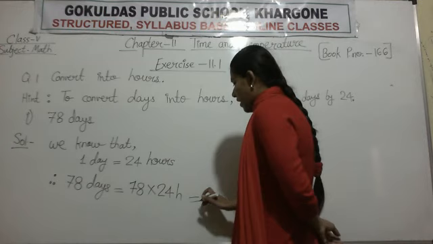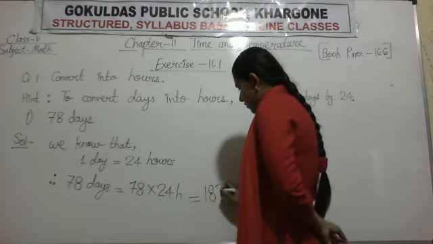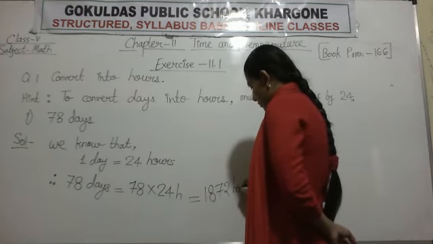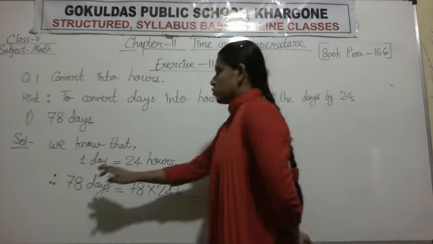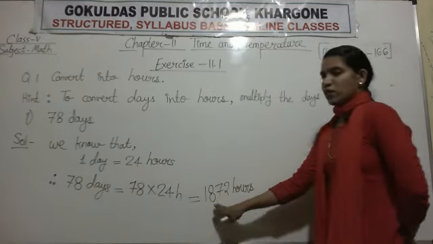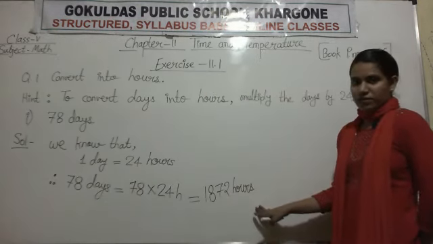When we multiply, my result is 1872 hour. So 78 days means 1872 hours.